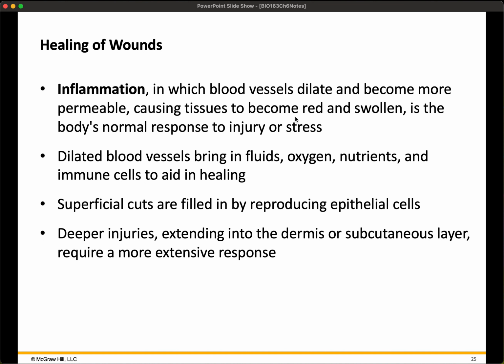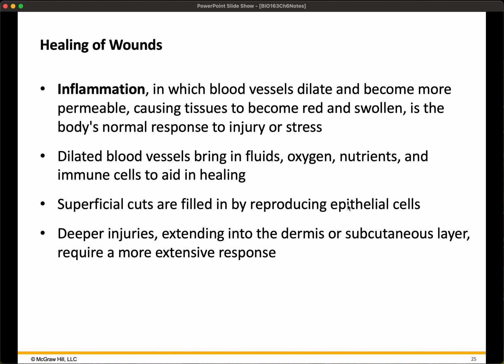But that is a normal response to the body's injury or stress. Those dilated blood vessels are bringing in fresh fluids, oxygen, nutrients, and immune cells, white blood cells, all to help in healing. So part of that inflammatory process, while it can be upsetting because it causes you to bleed even more, and it can be painful, it has its own side effects, it is bringing in all these fresh nutrients to help in the healing process.